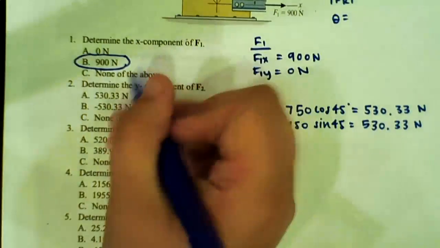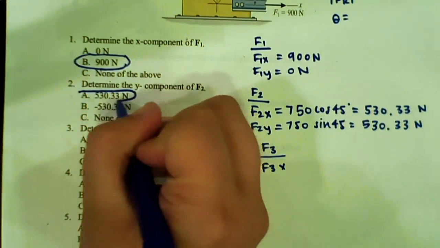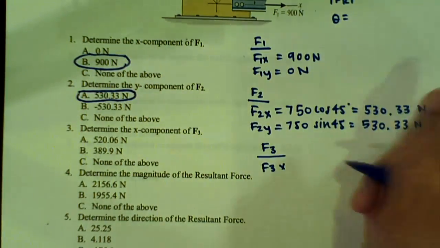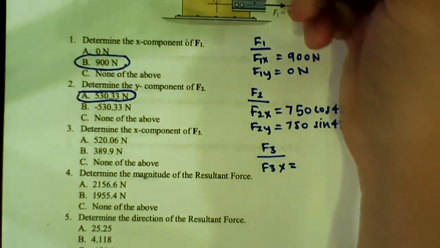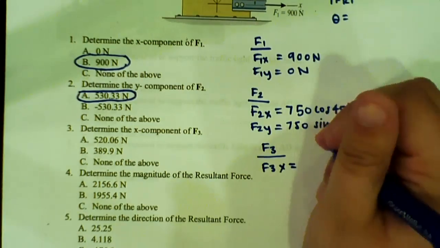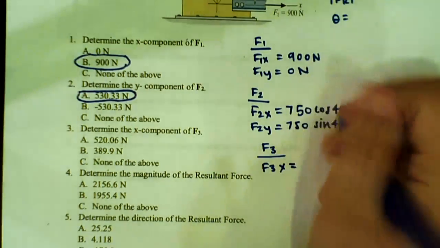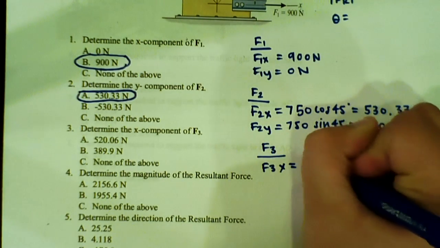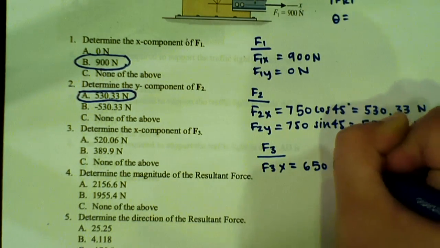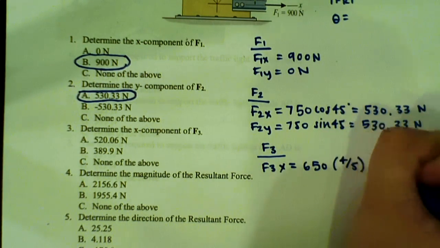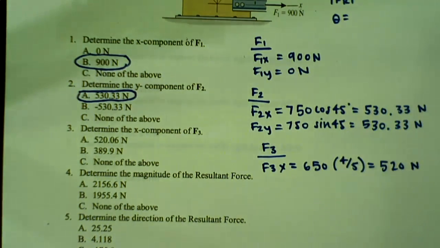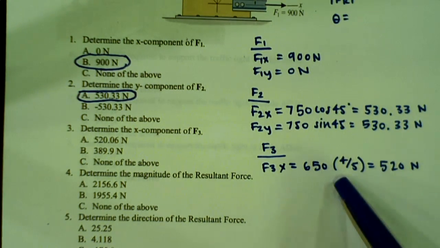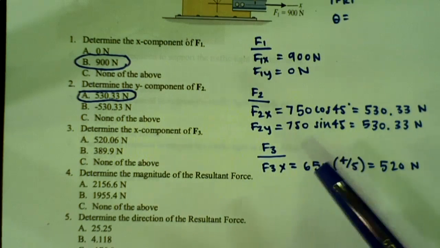A. So F3x, if we're looking at the figure, it's going to go in the positive x direction, and it's going to be 650 times 4 over 5, which is going to end up giving us 520 newtons. You can either leave it in the 4 over 5 or you can find the angle. It's really just up to you.